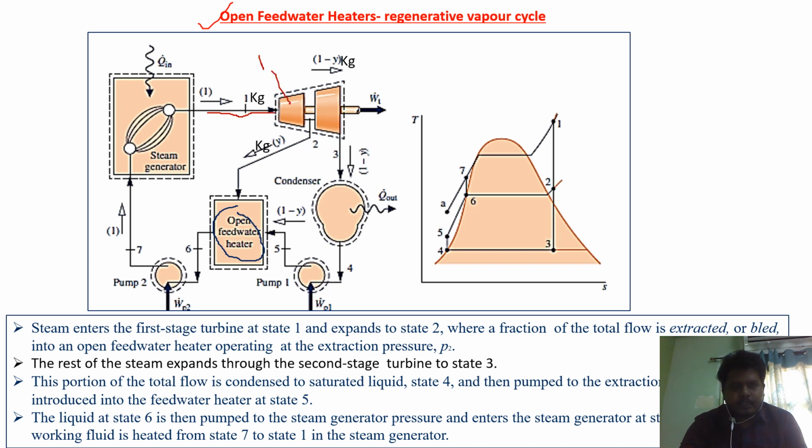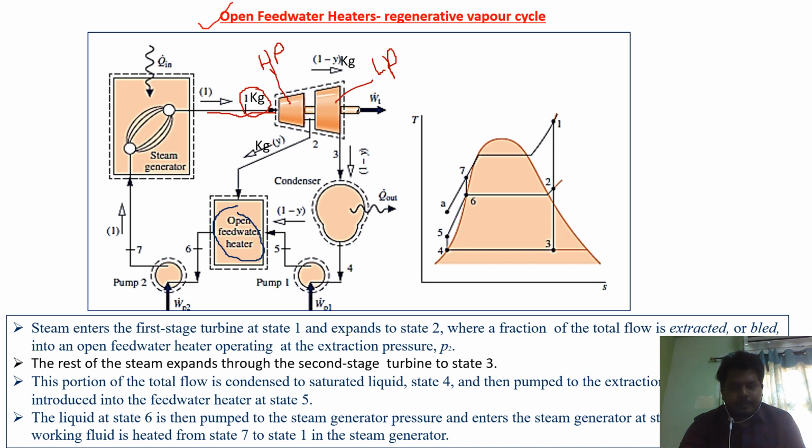Here two turbines are there, a high pressure turbine and a low pressure turbine. Let us assume that unit mass, 1 kg, of steam is entering into the high pressure turbine.